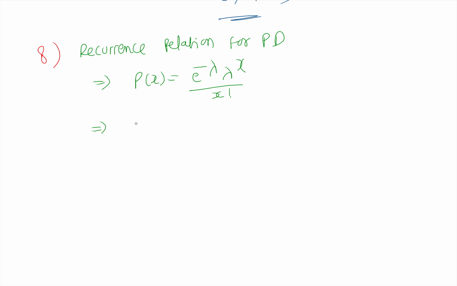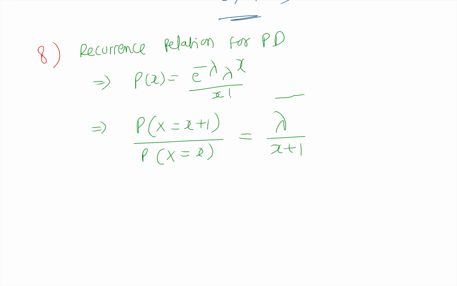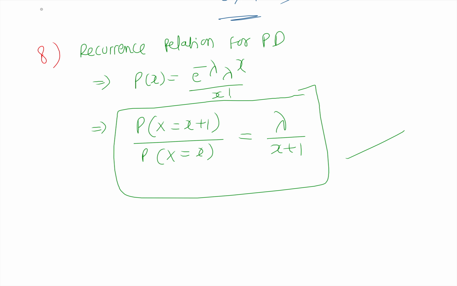The recurrence relationship is probability of X equal to x plus 1 over probability of X equal to small x is equal to lambda by x plus 1, which is the recurrence relationship for Poisson distribution. You have to remember this.